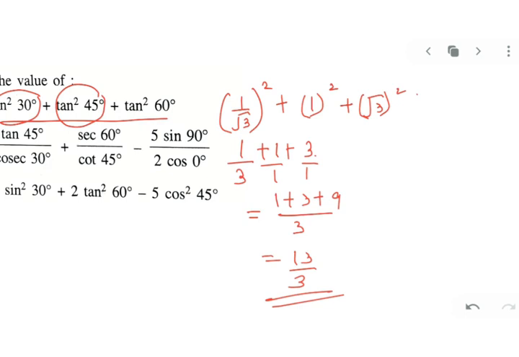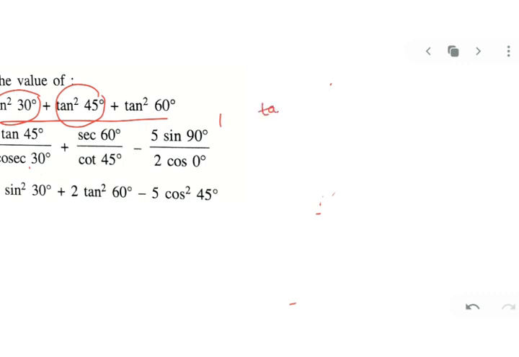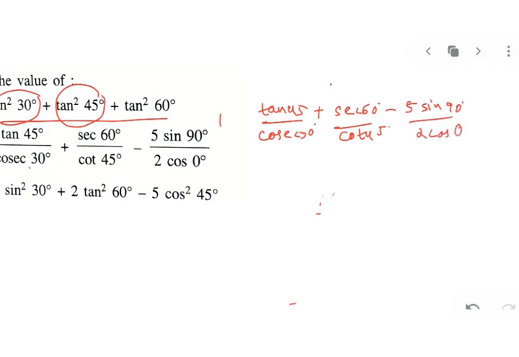Clear? Similarly, you have your next. I'll do it second for you. We have tan 45 upon cosec 30 plus sec 60 upon cot 45 minus 5 sin 90 upon 2 cos 0. Put in the values.